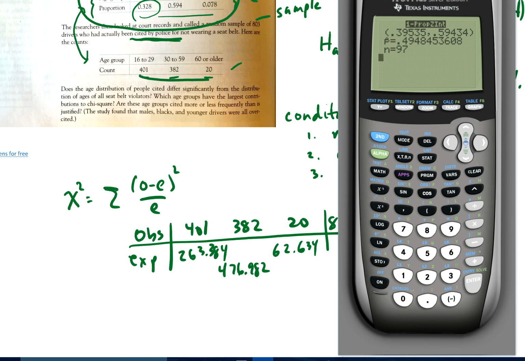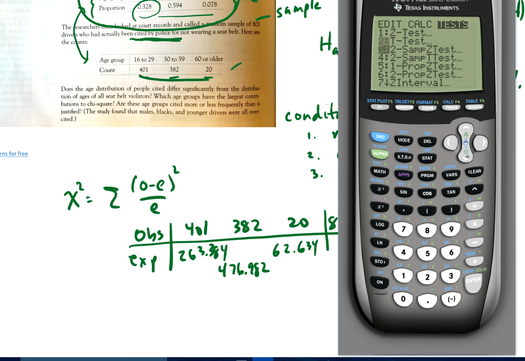Okay, so let's do chi-square goodness of fit. Goodness of fit starts with L1 and L2, observed and expected. So I've got to put observed in L1, clearing the list: 401, 382, and 20.